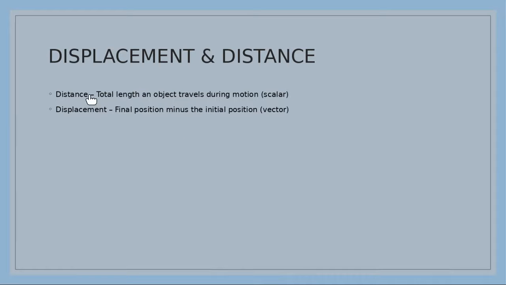So first, when we talk about how an object moves, the first thing you need to describe it is its position, to describe where it's at, right? And so first I want to talk about displacement and distance. So distance is basically the total length an object travels during motion.